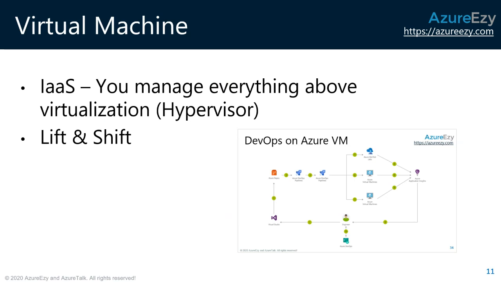So this is the very first step that happens, and virtual machine is a very nice service, or one of the best services to pick if you are talking about lift and shift. Because essentially, it's just a virtual machine. It's just that earlier it was running in your data center in your on-premises world. Now it is running in an Azure data center, which is Microsoft server space.